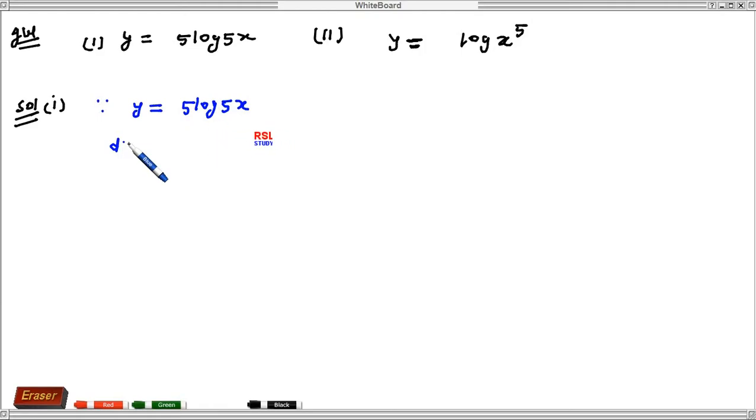If you are not getting it, then see: this 5 will be out, d/dx of log 5x will be 1 by 5x into d/dx of 5x. So 5 will be out, d/dx of x will be 1. So 5 into 5 by 5x. So 5 will be cancelled. Just see it and you will understand better.